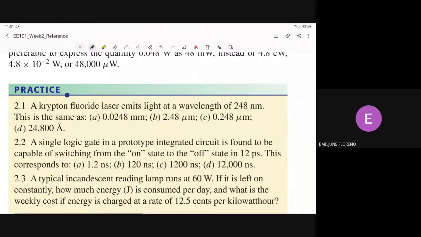This is the same as which of the following? What is its equivalent? Okay, try to evaluate. Is it the same as letter A? C. What is the answer for 2.1?